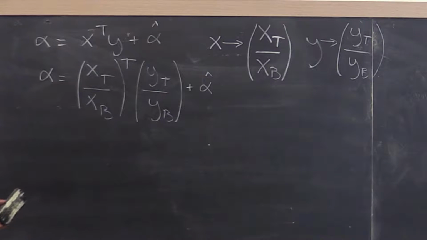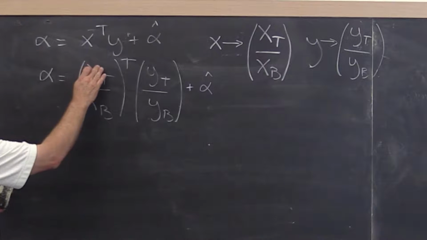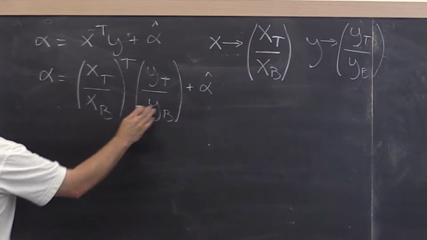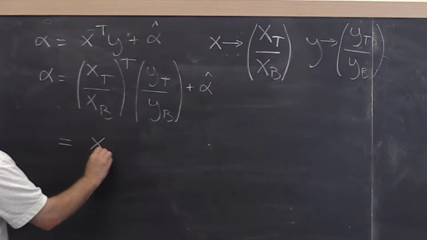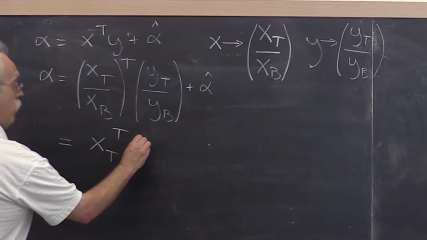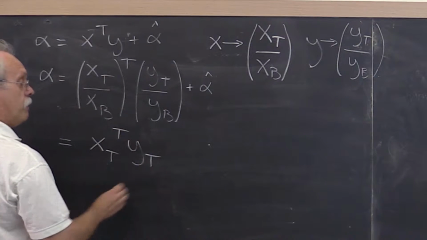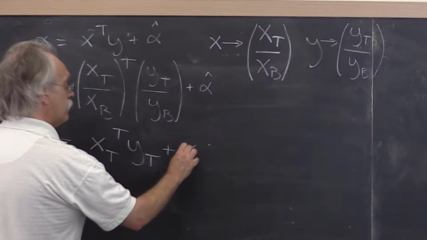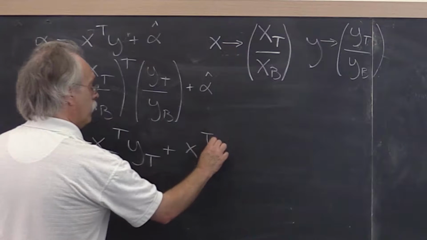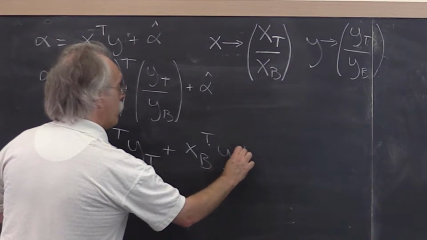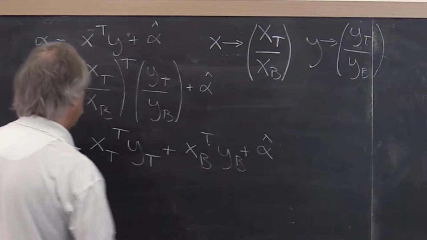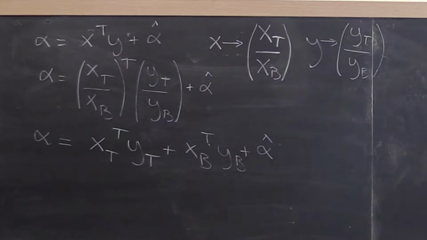And what we saw before was that this partitioned dot product equals the dot product of the top parts plus the dot product of the bottom parts plus the original contents of alpha hat, and that is now what our alpha equals.